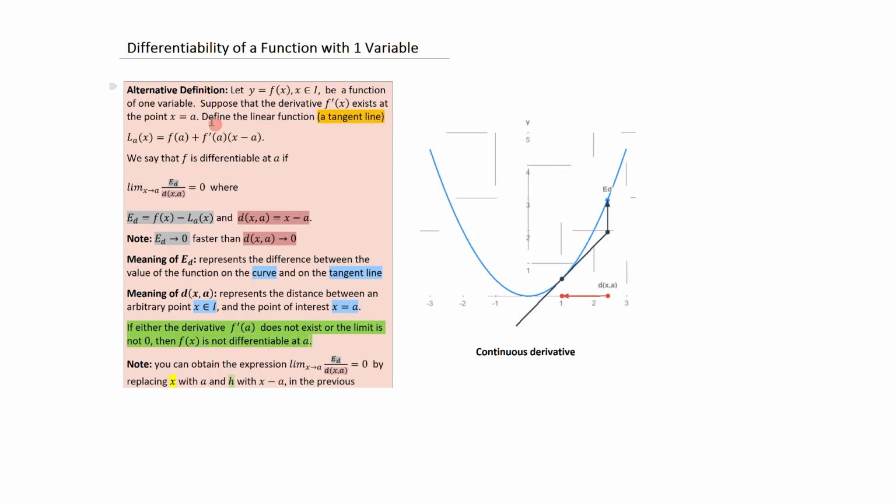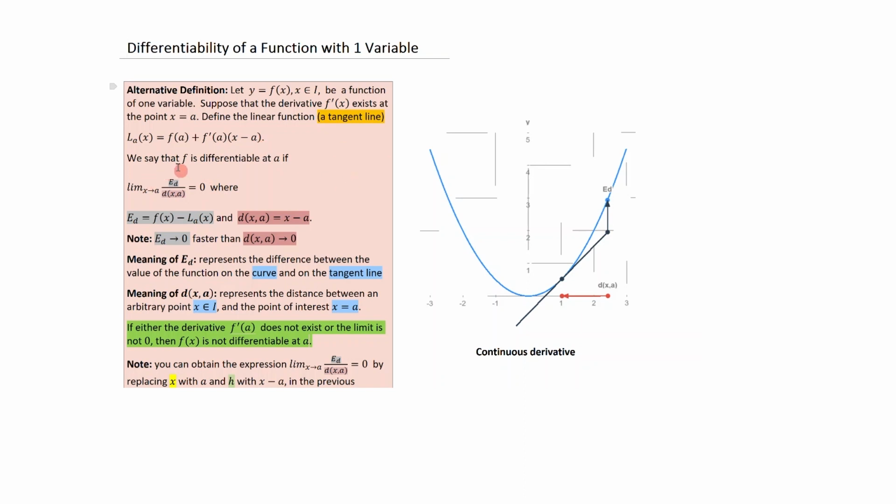Now what we do is define the linear function, which turns out to be the tangent line at a given point a. Define that as being f of a plus f prime of a times x minus a. This is in fact the definition of a line with an intercept and a slope, and this passes tangent to the point of interest, which is the point x equals a.